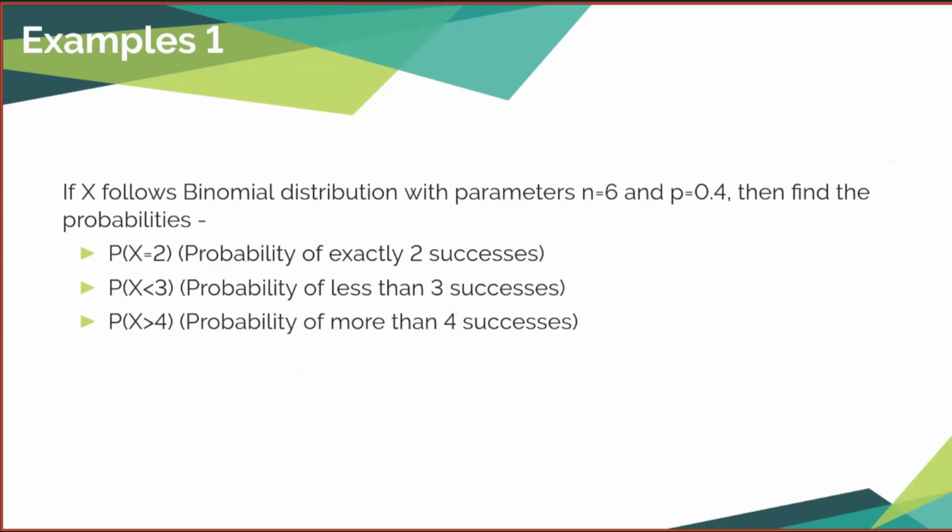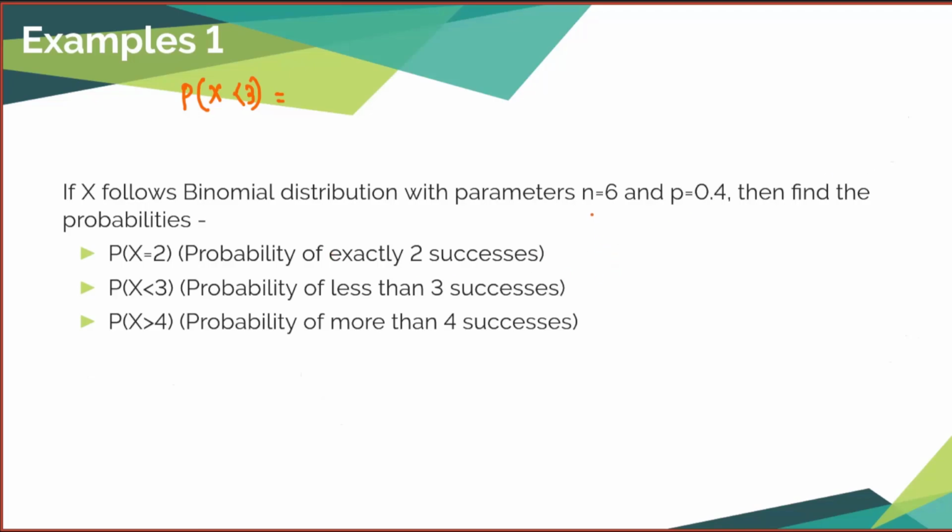So let's try the second question, which is probability of less than 3 successes, right? So we are to find out the probability of less than 3 success. So probability of x less than 3 will be equal to, now what are the different possible number of successes, right?